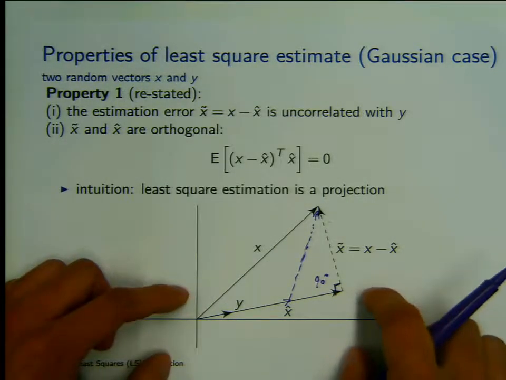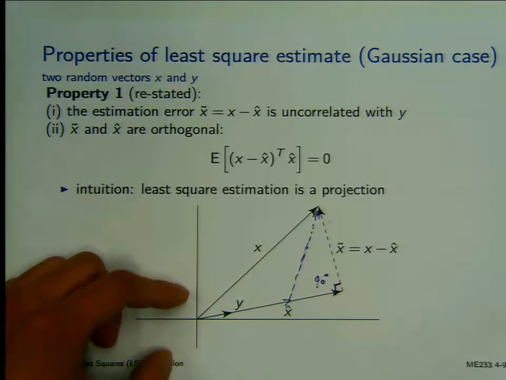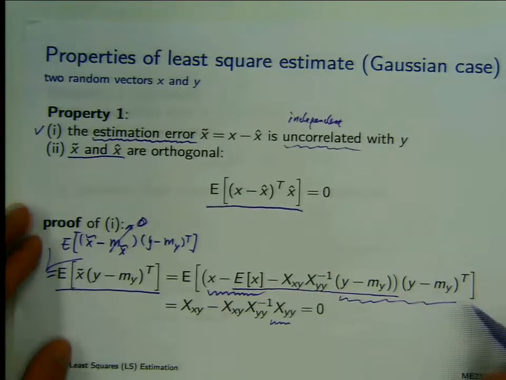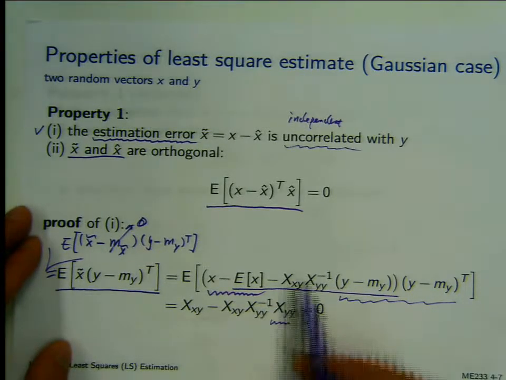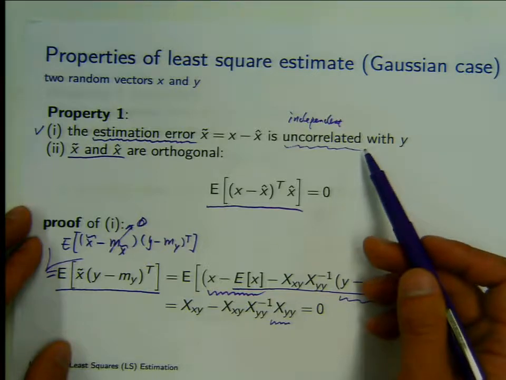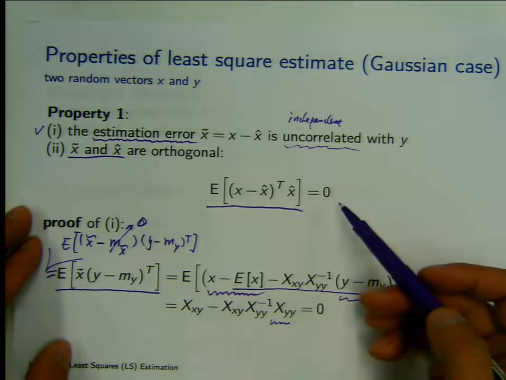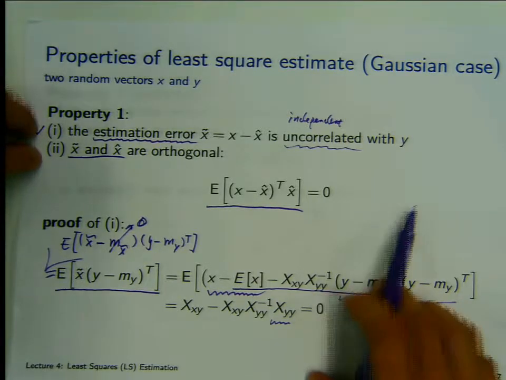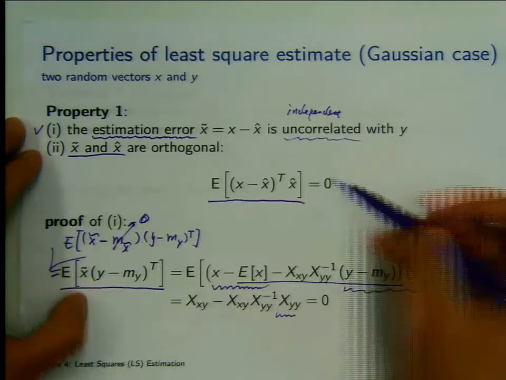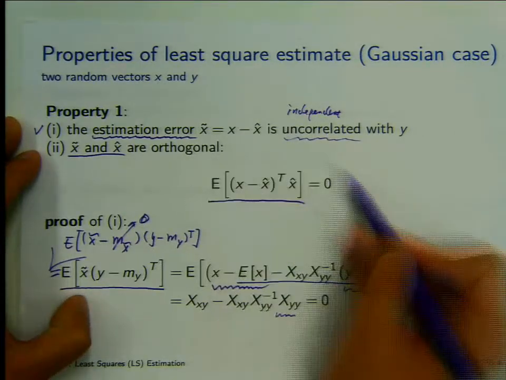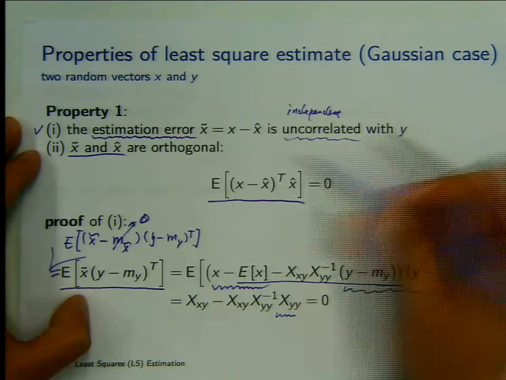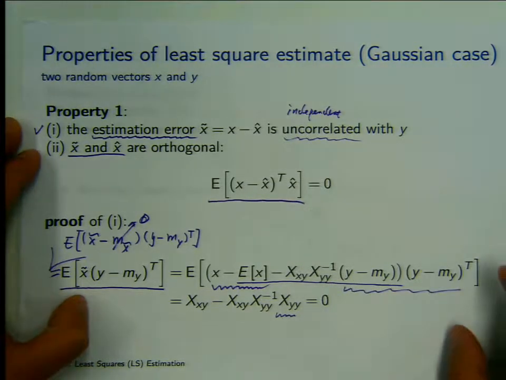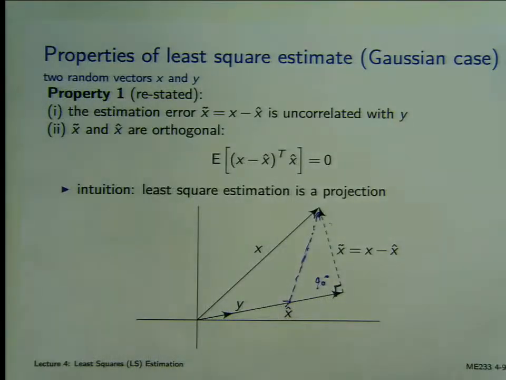Yes. Which one? You mean these two? These two are different. In the end, I want you to obtain this one, but this is a necessary step to prove this second step.